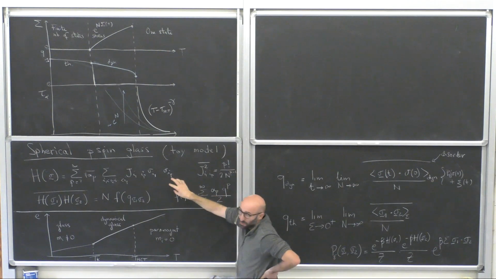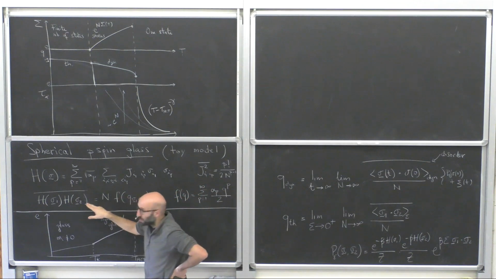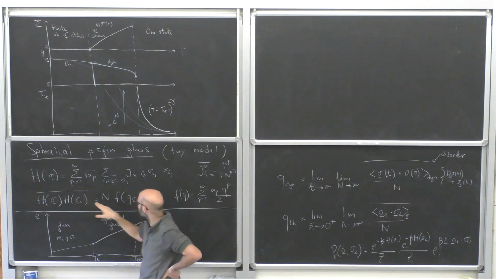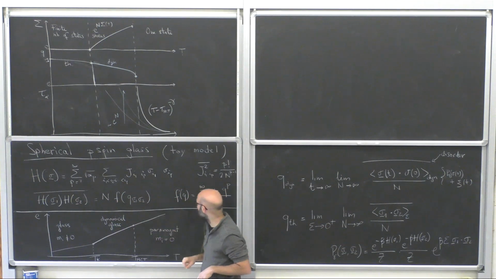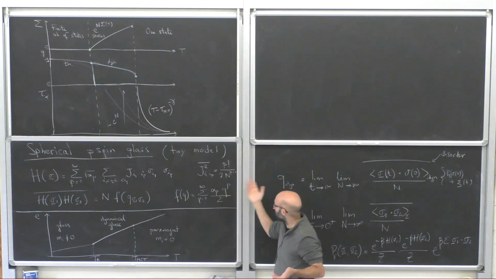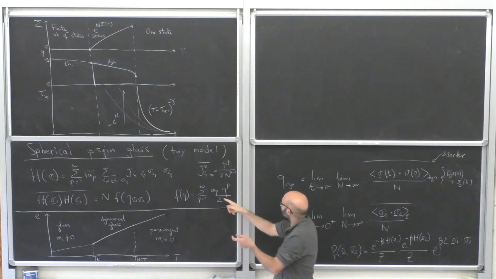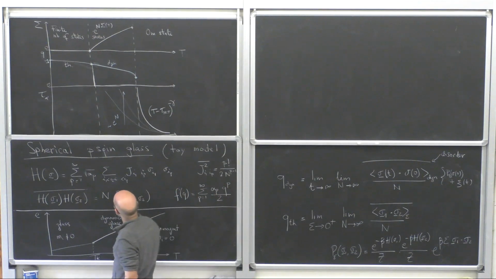And so the whole thing is constructed in such a way that the covariance of the Hamiltonian of two different configurations is a function of the scalar product of the two configurations. And this function f(q) is an arbitrary polynomial of q. Okay, so if you tune the coefficients, you can do more or less what you want.